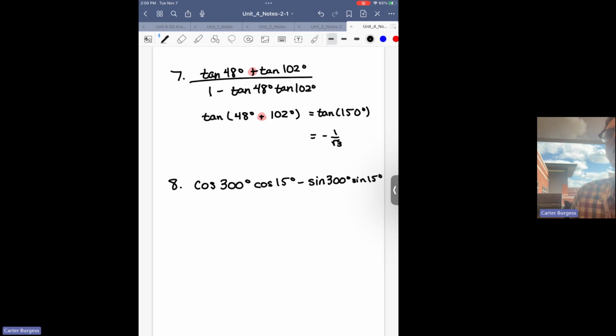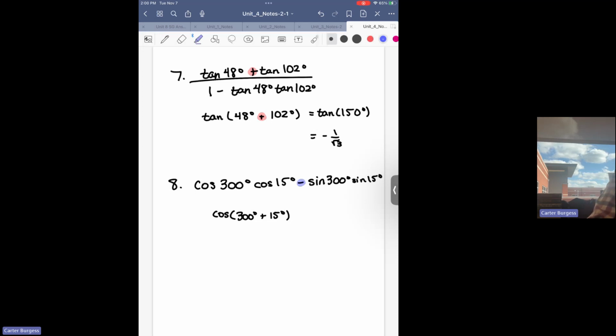Looking at this, which of my functions is this representative of? Is this the result of niceness or meanness? This is cosine, so this is going to be cosine of. And is this going to be a sum or a difference? This is going to be a sum because it does the opposite of what we see here.